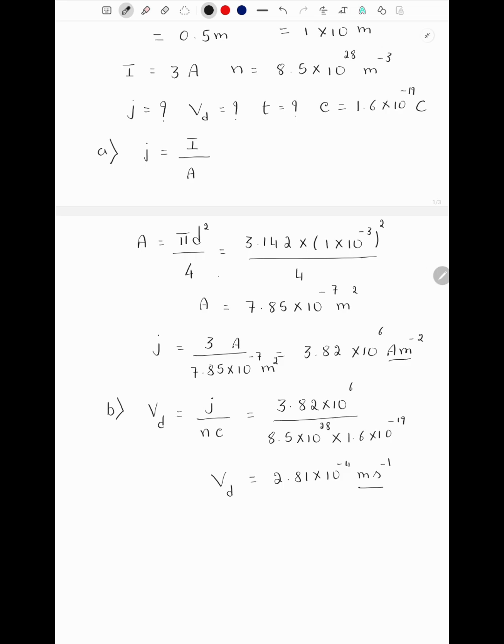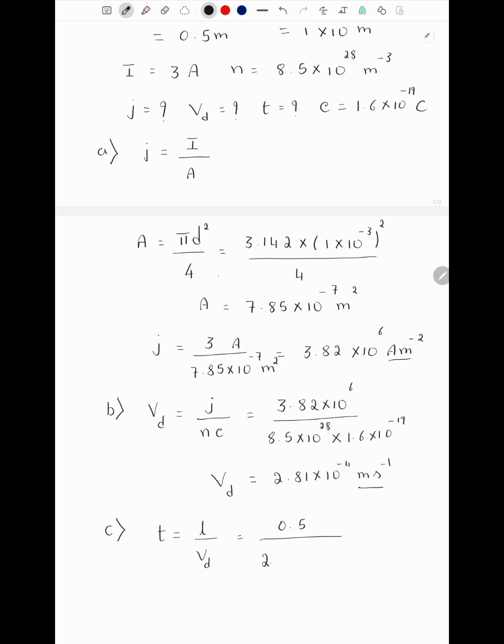Then they have asked for the third part, the time of drift. We know that T, the time taken, is the length divided by Vd, the drift velocity. The length of the wire is 0.5 meter divided by Vd.